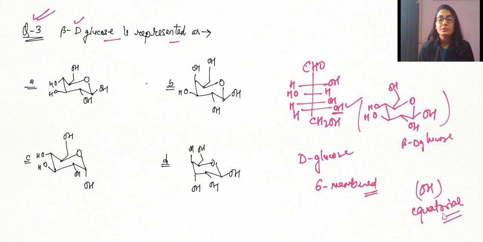All of the hydroxy groups are equatorial. You look at the anomeric OH, this is also equatorial. About the rest, this is on the second carbon OH, and this is our CH2OH. So we are not considering this one as equatorial, but the rest of all the hydroxy groups are going to be equatorial in beta D glucose.